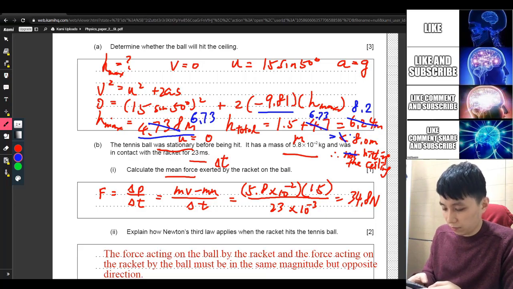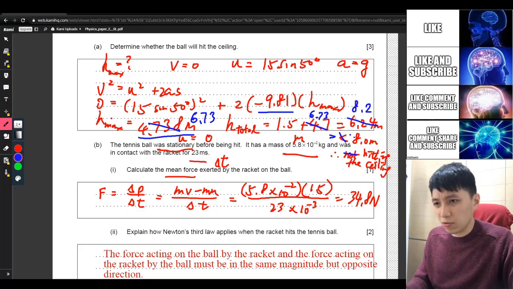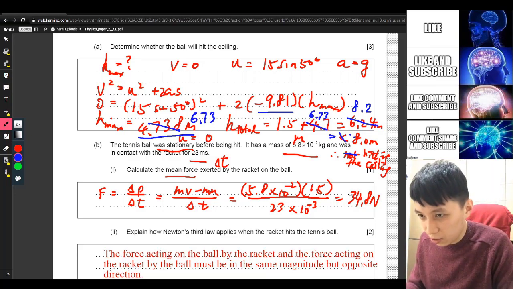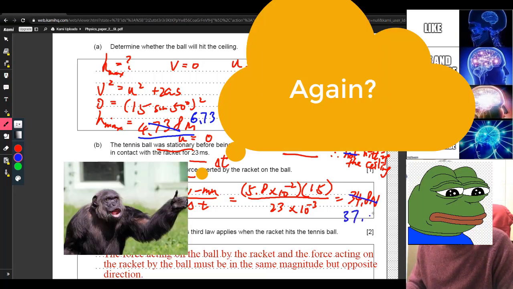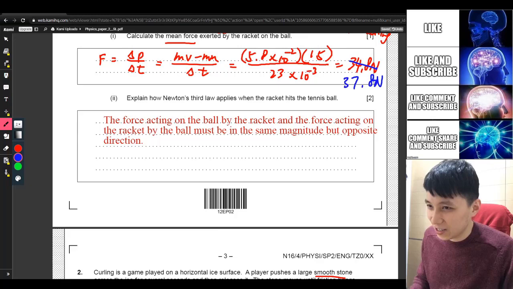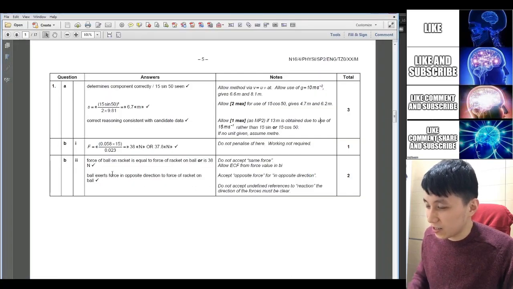Yeah, 5.8, 15, 23, 10, -3. Wait, what? Maybe I copied wrong. Okay, oh my god. Not in a good state of doing an exam. Alright, very careless.